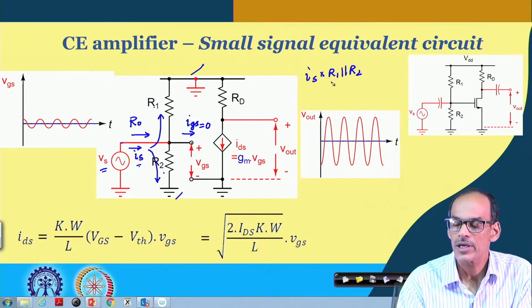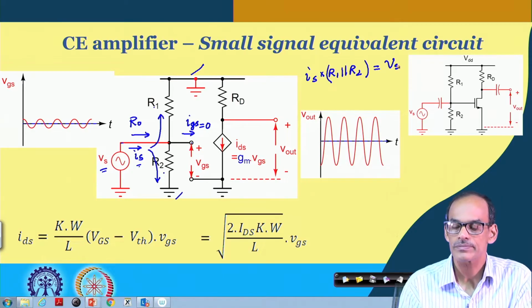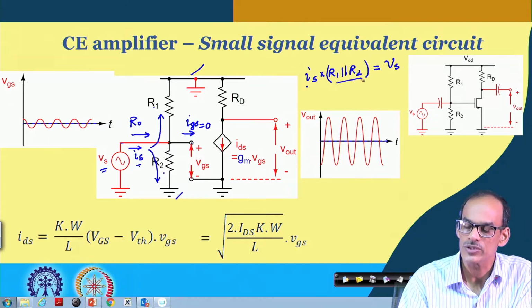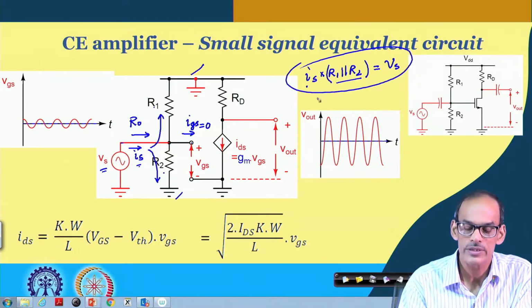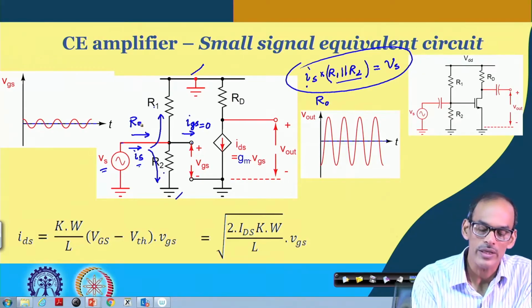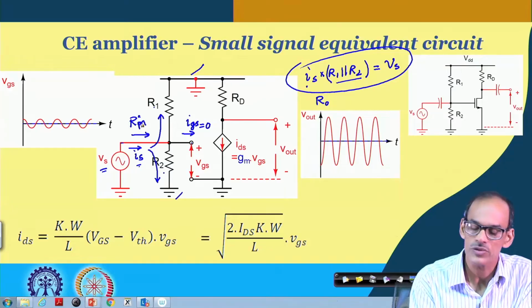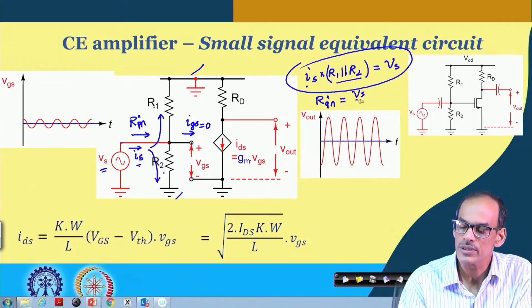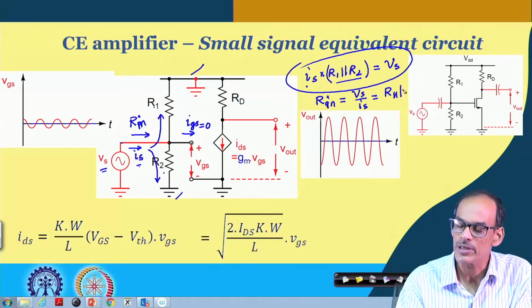So, Is multiplied by this parallel connection gives us the voltage there, which is Vs, or we can say that Is equals to Vs divided by the parallel connection of this one, but whatever it is, that gives us the expression of Rin, this will be Rin, that is what I mean, Rin equals to Vs divided by Is. So, that is equal to R1 in parallel with R2.